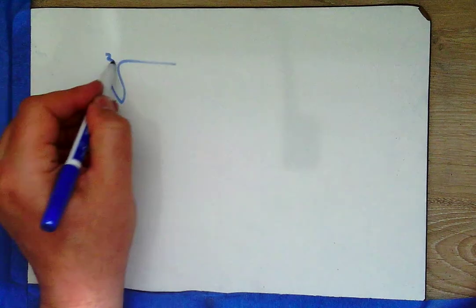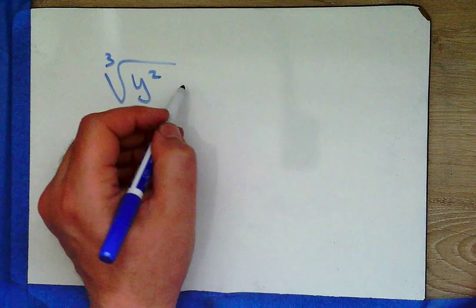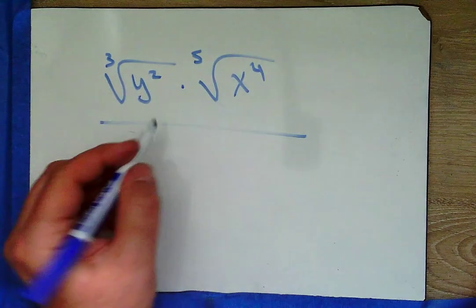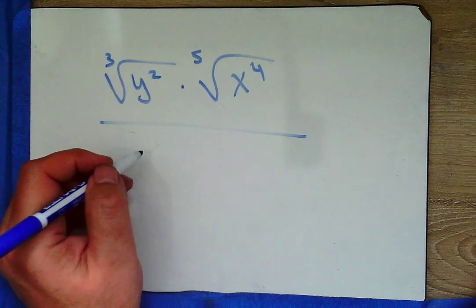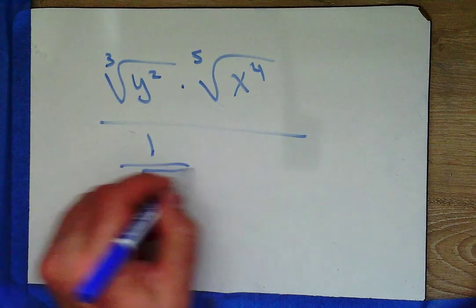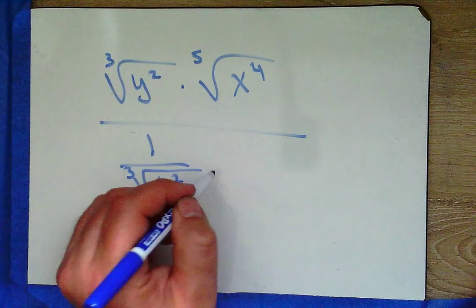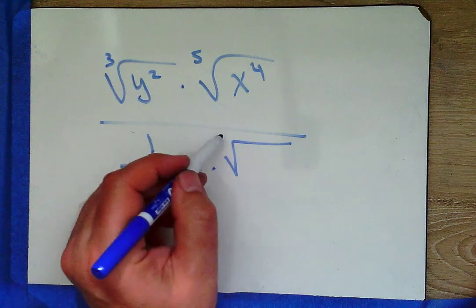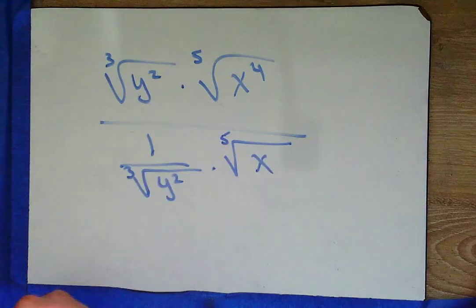Okay, so will you take care of this one? Cube root of y squared times 5th root of x to the 4th over 1 over cube root of y squared times 5th root of x. Okay.